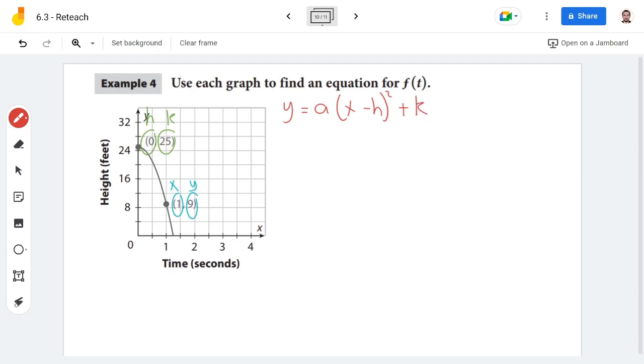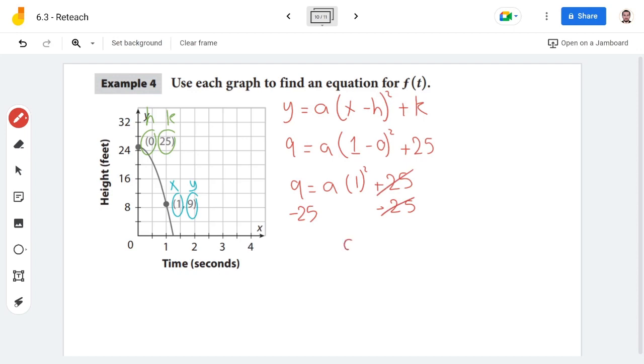So 9 equals a times (x is 1, h is 0) to the power of 2 plus k, which is 25. Now simplify the bracket. 9 is equal to a times 1 to the power of 2 plus 25. Now minus 25 from both sides.